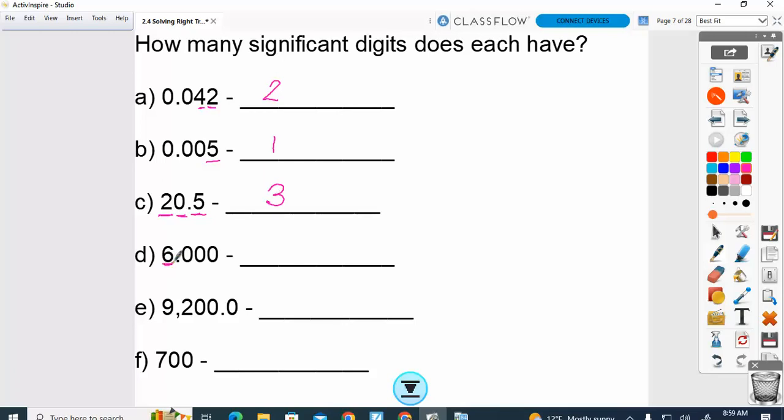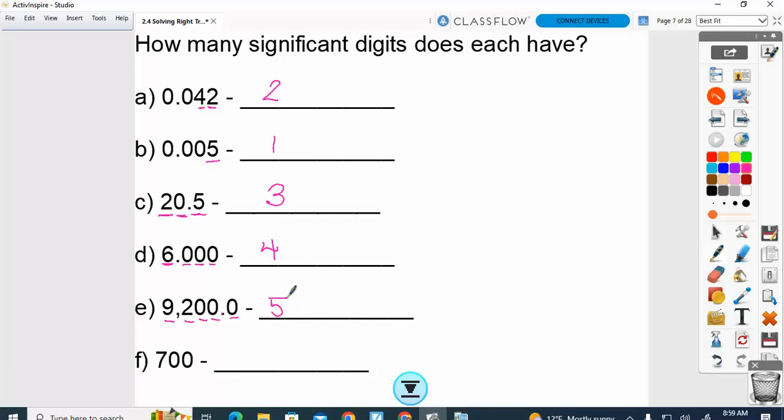If there's a decimal, though, we do count all the zeros after it. So how many significant digits here? E. How many significant digits? There's a decimal, so we do count all those zeros. 5. So there's 5.